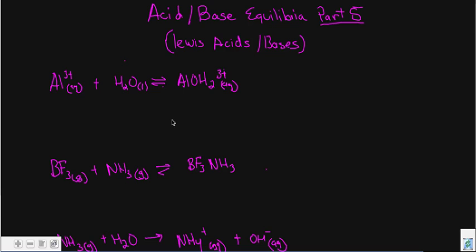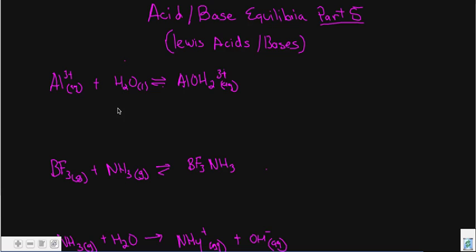If we have aluminum, oftentimes our highly charged metal cations are going to become Lewis acids, because they do this in solution. And within the Lewis model, it's difficult to explain it any other way.